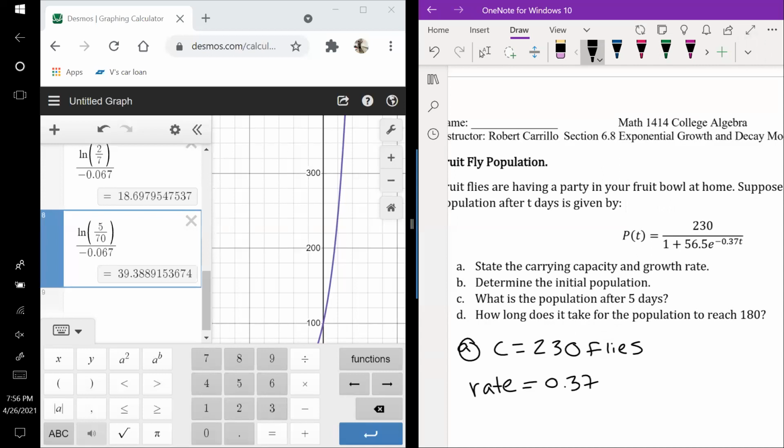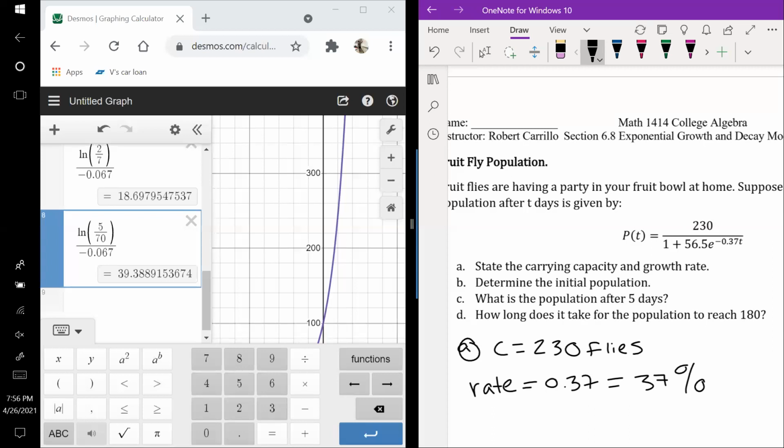So it's all there. Carrying capacity, growth rate. Our fruit flies are growing at 37%. And I believe it. Those things double, triple in no time.